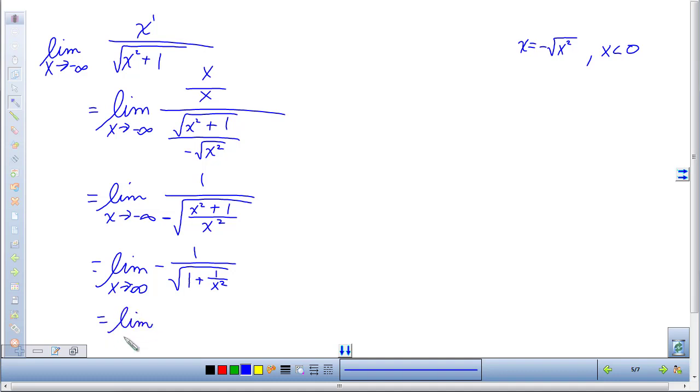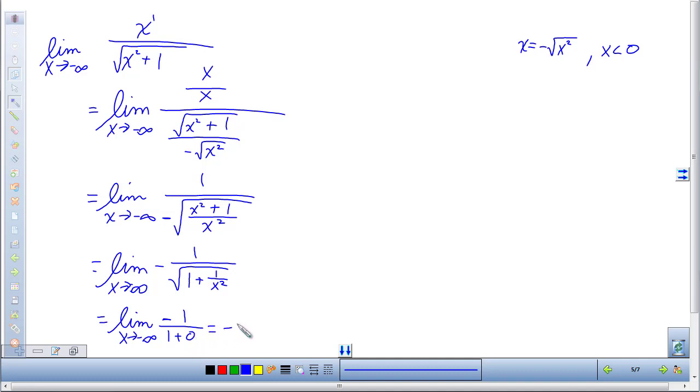We've got the limit as x approaches negative infinity, and really I think we're ready to evaluate because we've got our negative out front. Up top, of course, we know that limit is just going to be 1. In the denominator, we've got a constant there, so that limit is also 1. And using the theorem that we just talked about, we know that the limit of 1 over x squared is going to be 0.